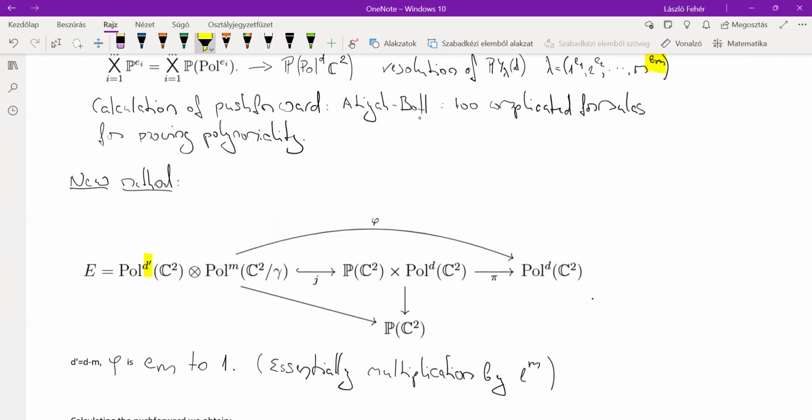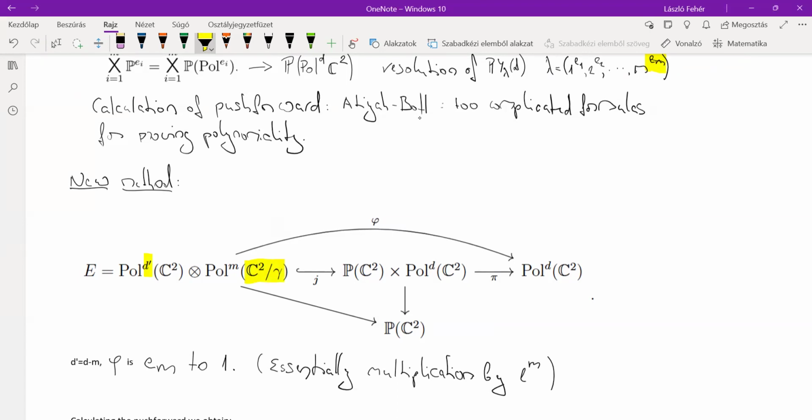So if you want to do everything carefully and equivariantly, then you have to use this bundle here, which is the quotient bundle over the base P1.